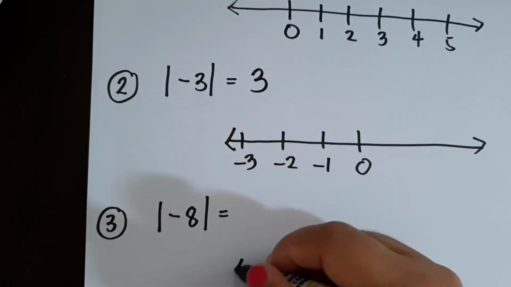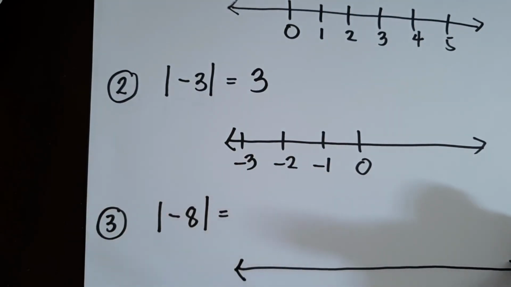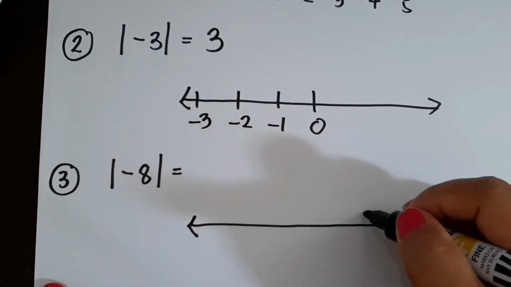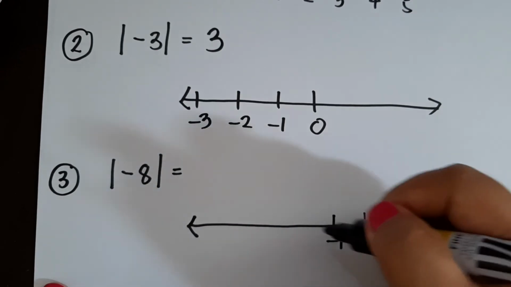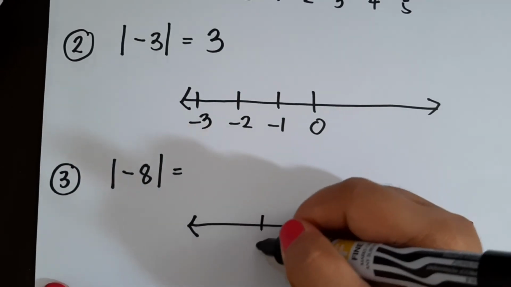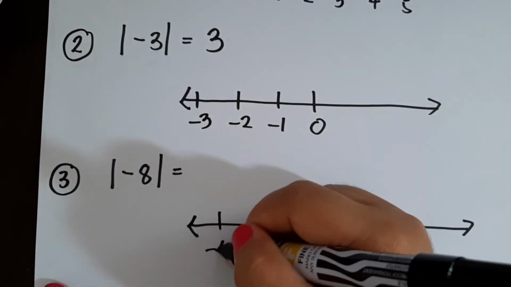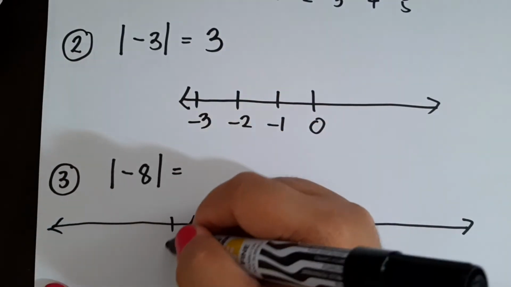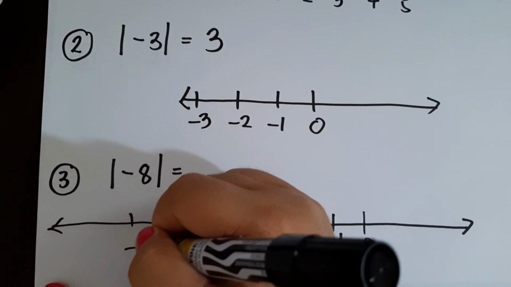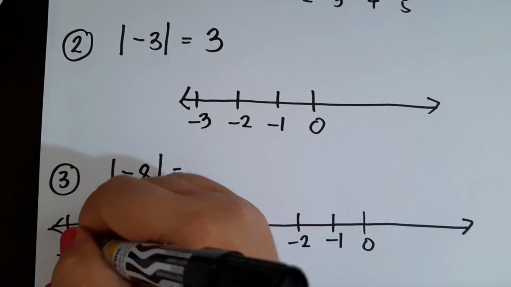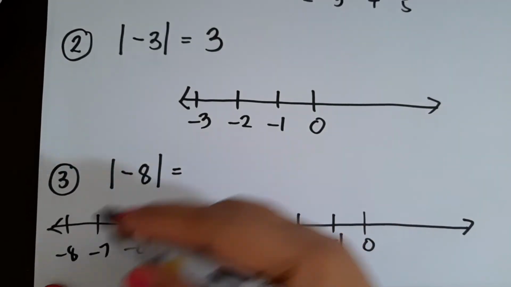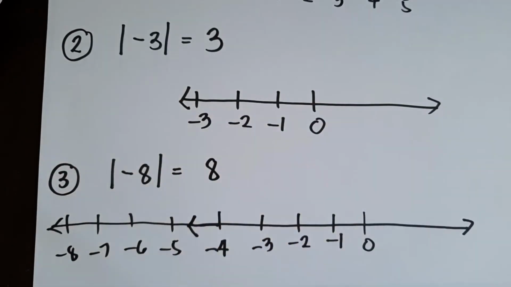So we have the number line. So we have 0, negative 1, negative 2, negative 3, negative 4. Sorry, nagkulang. Extend pa natin. We have negative 5, negative 6, negative 7, and negative 8. So we have 1, 2, 3, 4, 5, 6, 7, 8. So therefore, you have positive 8.